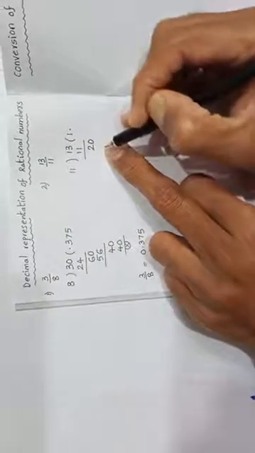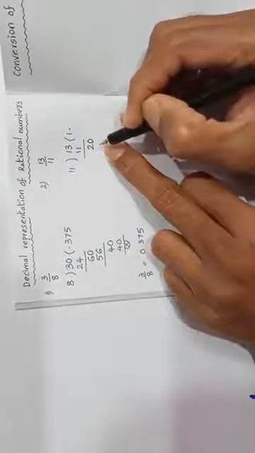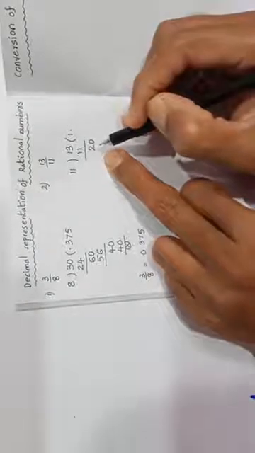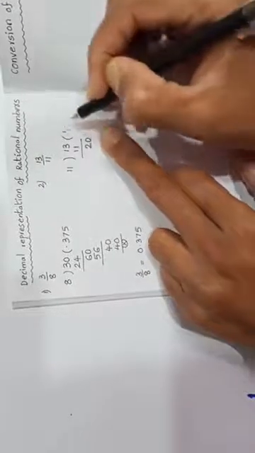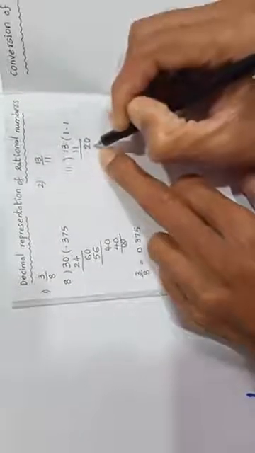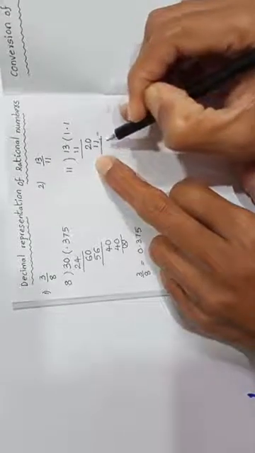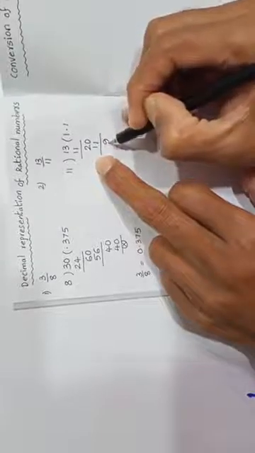The 2 becomes 20. In the 11 table near 20, 11 1s are 11, 11 2s are 22, which is exceeding. So we take 11 1s are 11. Then 20 minus 11 we get 9.